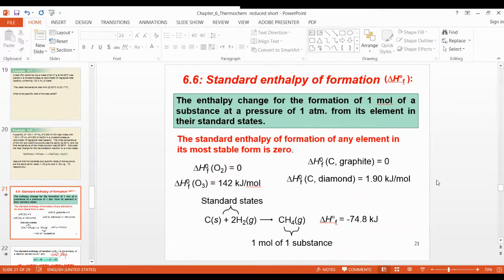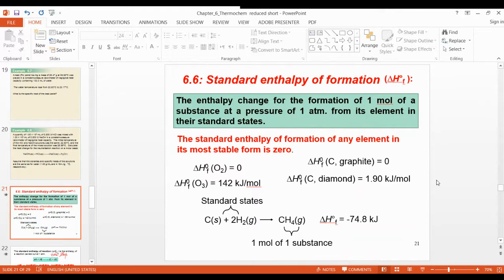Standard enthalpy of formation. This is the way to determine the standard enthalpy of formation, whenever two pure elements in standard state are combined together and make a compound. So it is the enthalpy change for the formation of 1 mole of a substance at a pressure of 1 atmosphere from its elements in their standard state.